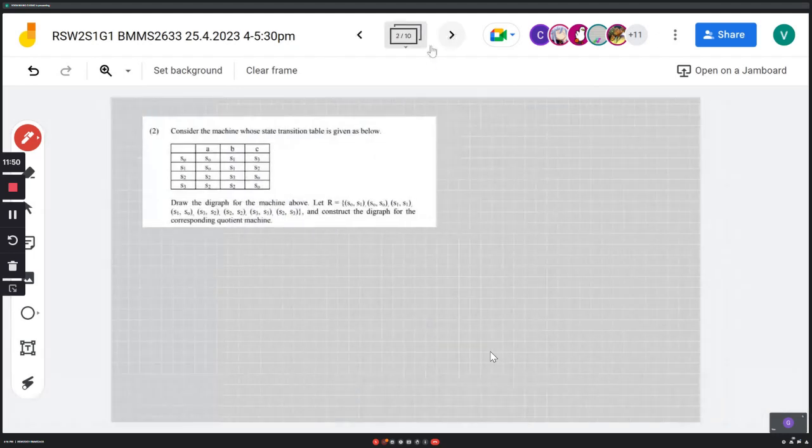And then question number 2. This is to also draw the diagram, and after that construct the machine. Zhong Han, question 2.